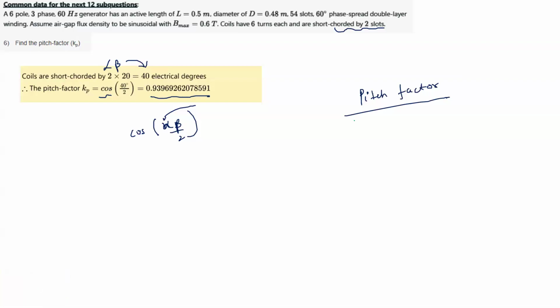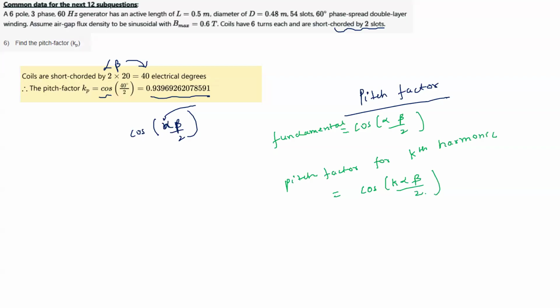So cos alpha beta by 2 for the fundamental. Pitch factor for the kth harmonic will be cos k alpha beta by 2.